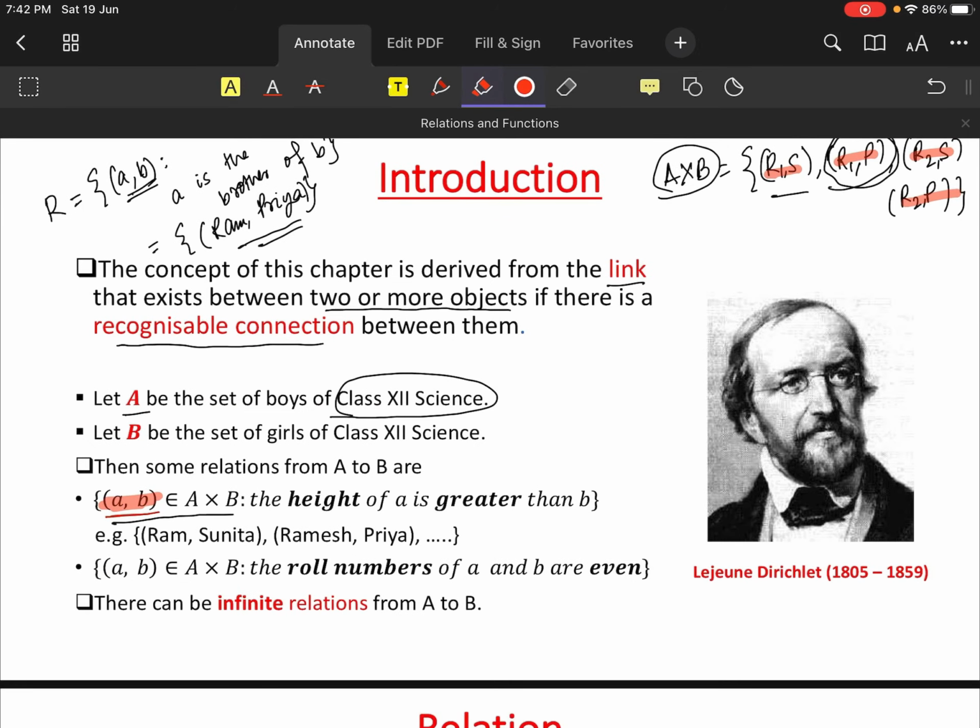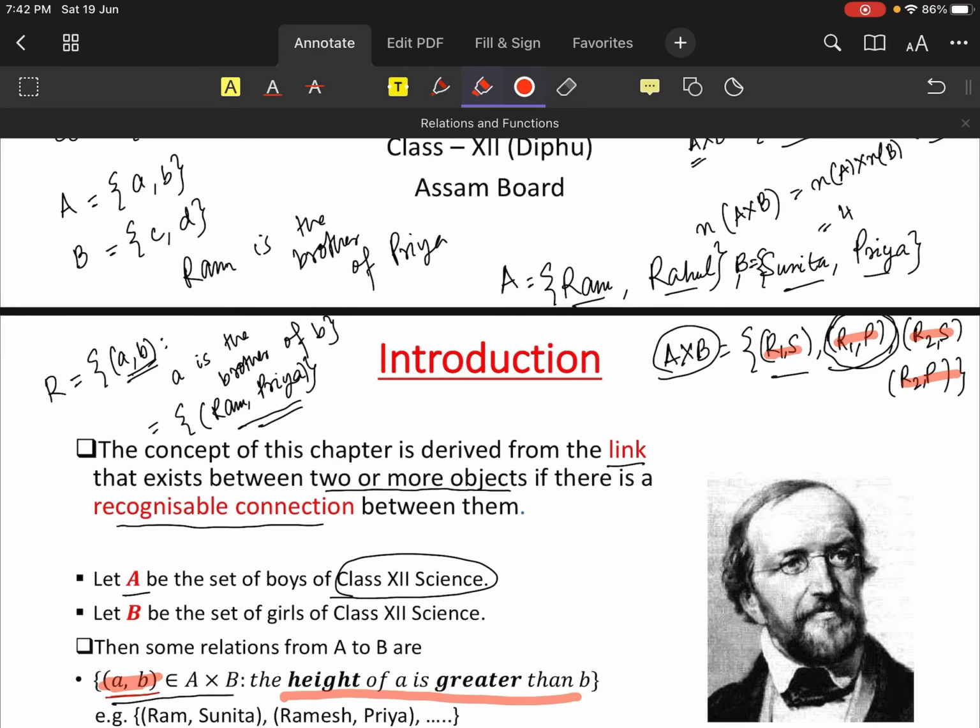Here one of the relations we can define is that the height of A is greater than the height of B. This can be a relation. Then suppose Ram and Sunita have brown hair, so we can have the relation of students having brown hair.